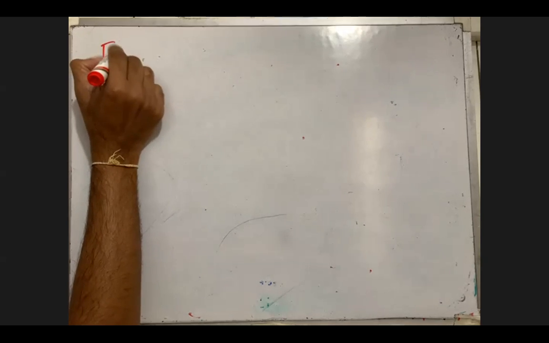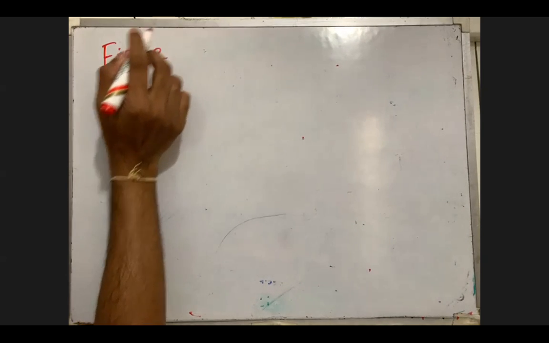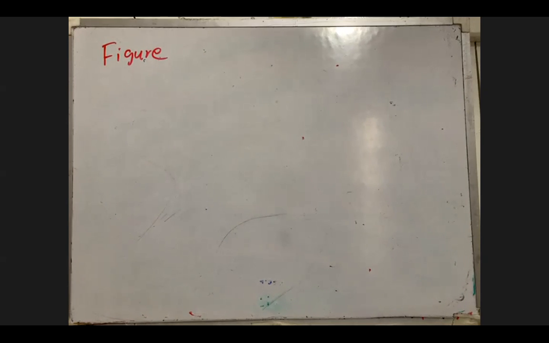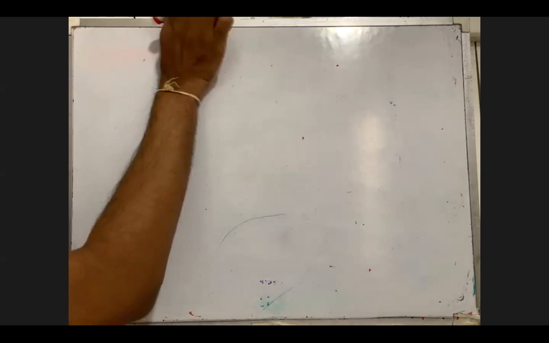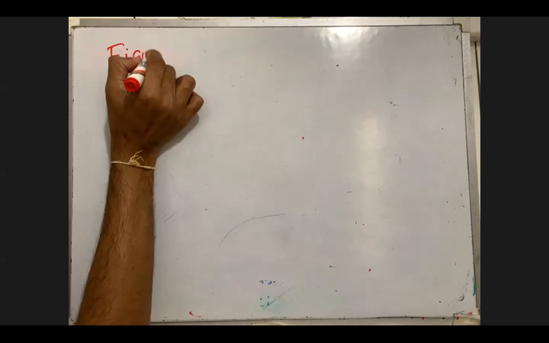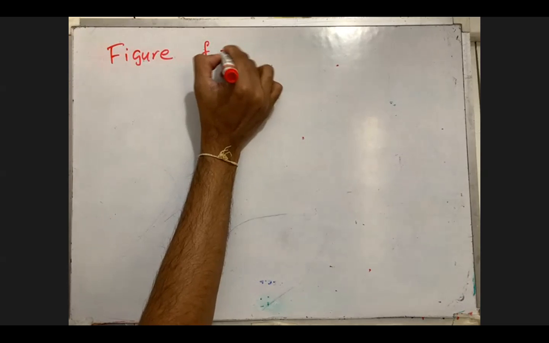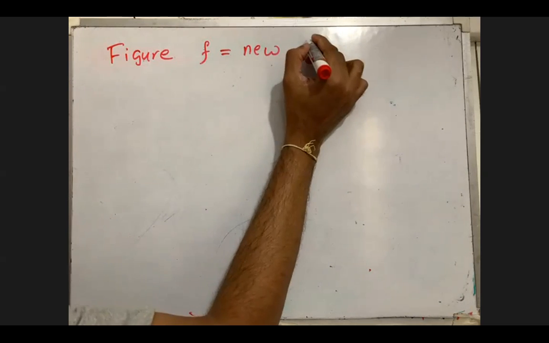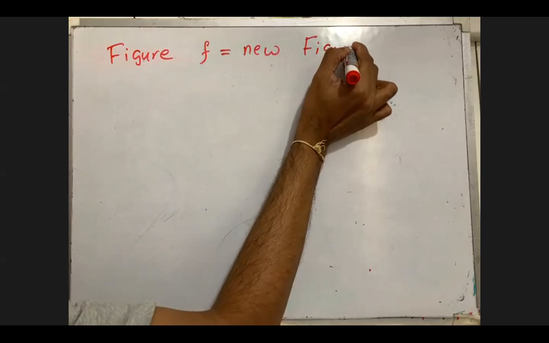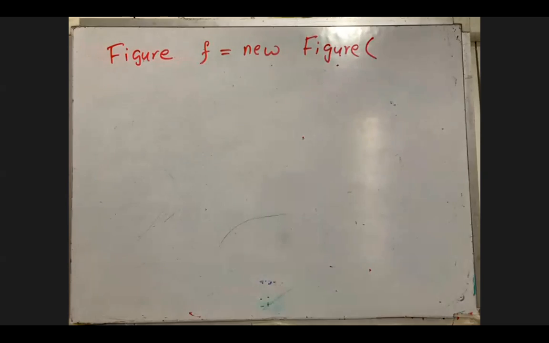Now what to do next, you are trying to call Figure. You are trying to call Figure, and if Figure f is equal new Figure and pass the values 4 and 10.